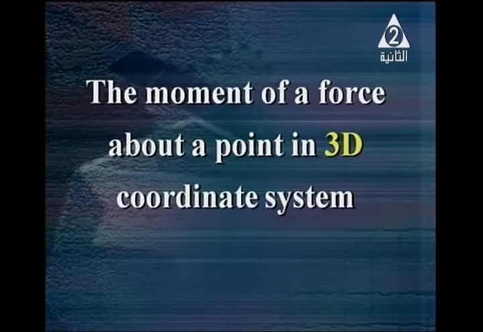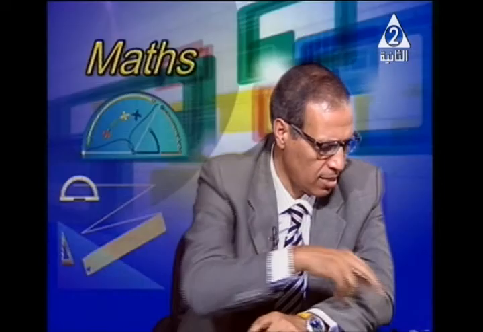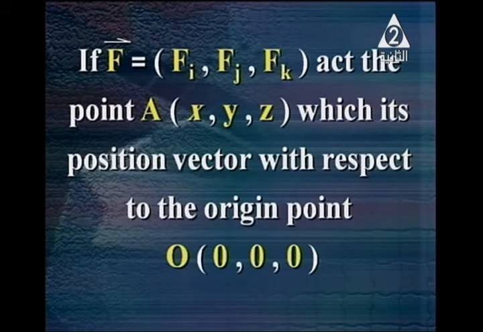The moment of a force about a point in a 3 dimensions coordinate system. Dear student, look at the force vector F equals Fx i, Fy j, Fz k at the point A (X, Y, Z), whose position vector with respect to the origin point O (0, 0, 0).